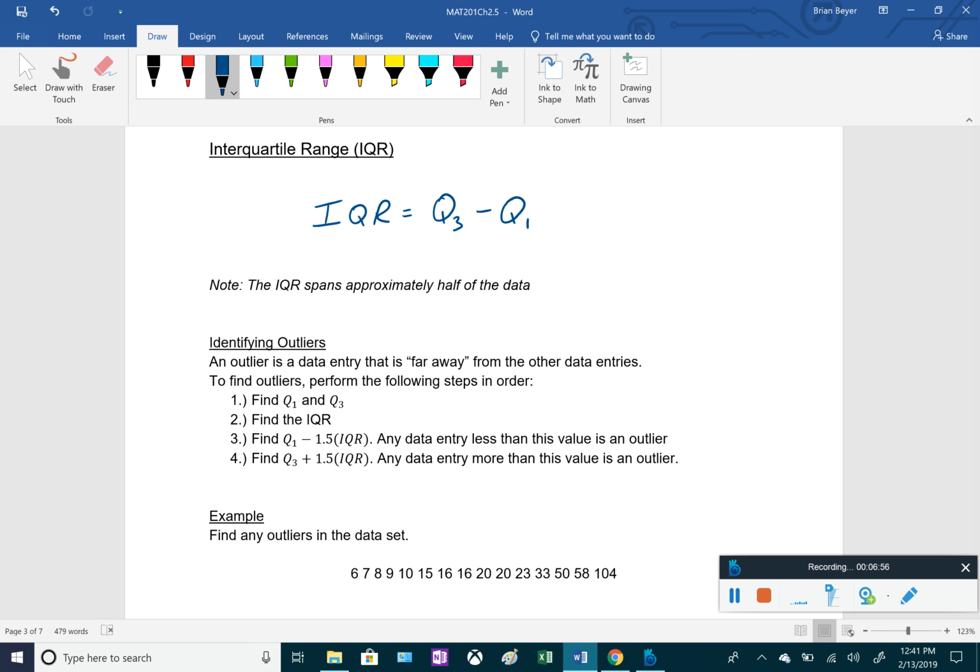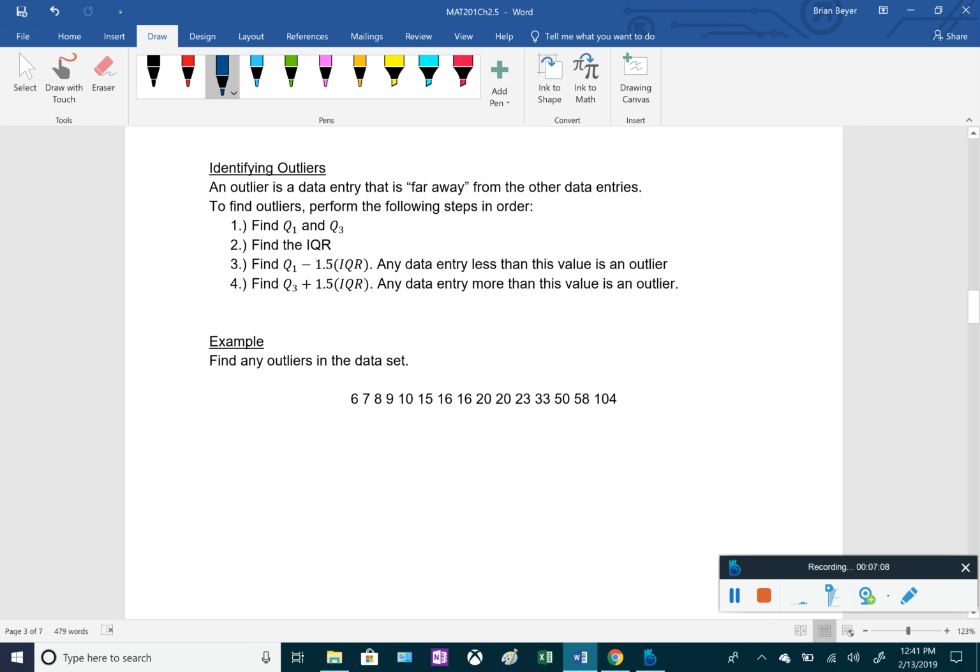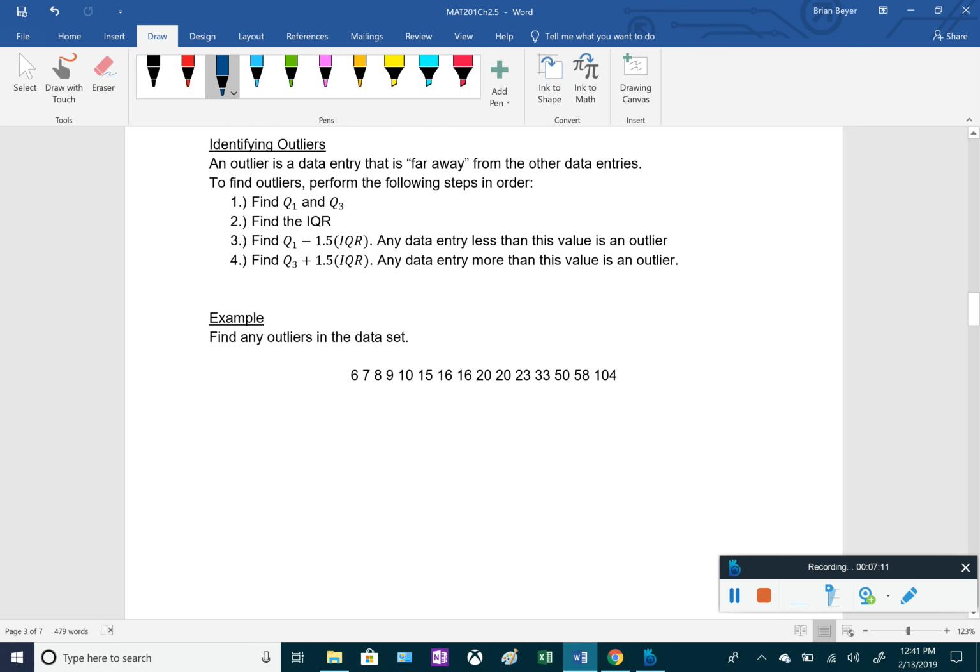It's probably pretty obvious what an outlier is. It's a data entry that we consider far away from the other data entries. The way that we define what far away is based on this interquartile range. So we find Q1 and Q3, and we use that to find the interquartile range.